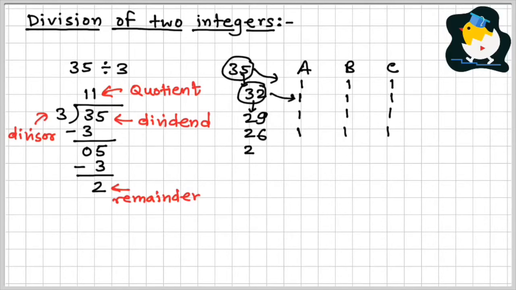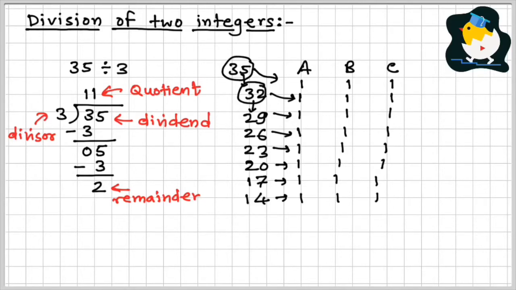Then we have 23, I will give 1 each again, and then we will have 20, then 17, then 14, then 11, then 8 will be remaining.